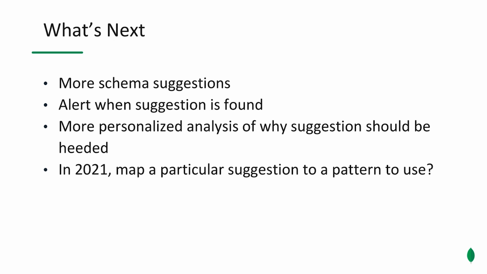We want to create more personalized analysis of why suggestions are important, with potentially some estimates of what the benefit you would get if you heed the particular suggestion. And in 2021, next year, that is, we want to figure out a way to map a suggestion to a particular pattern to use. So for example, if you're seeing a particular way you're using MongoDB, we can tell you that, hey, this is another template of a different way I can use MongoDB, the data model, for example, which would be super, super interesting.